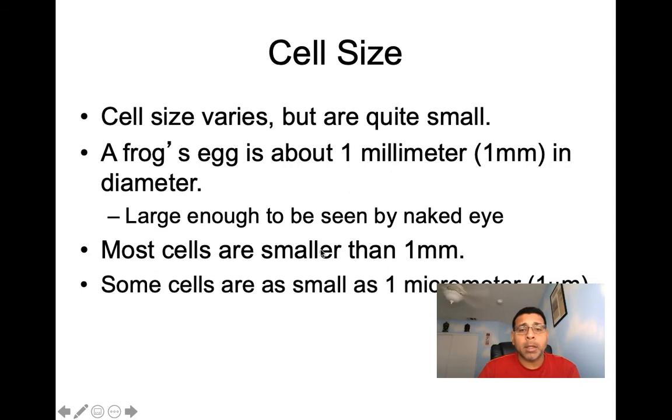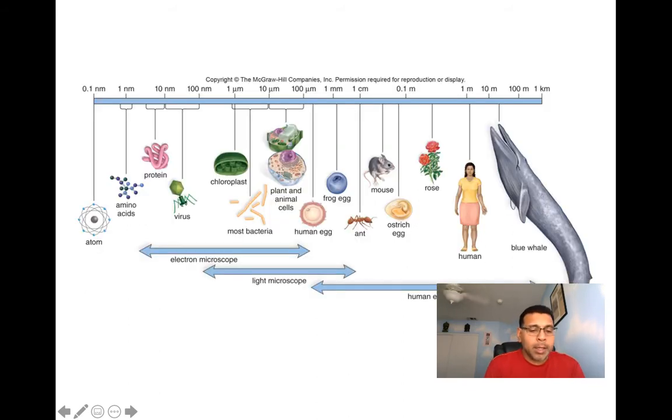Most cells are smaller than 1 millimeter. Some cells are as small as 1 micrometer. This figure outlines the visual range of the eye. You can see the eye is able to see down to a little less than 1 millimeter, which we described as being the size of a frog egg, down to a human egg.